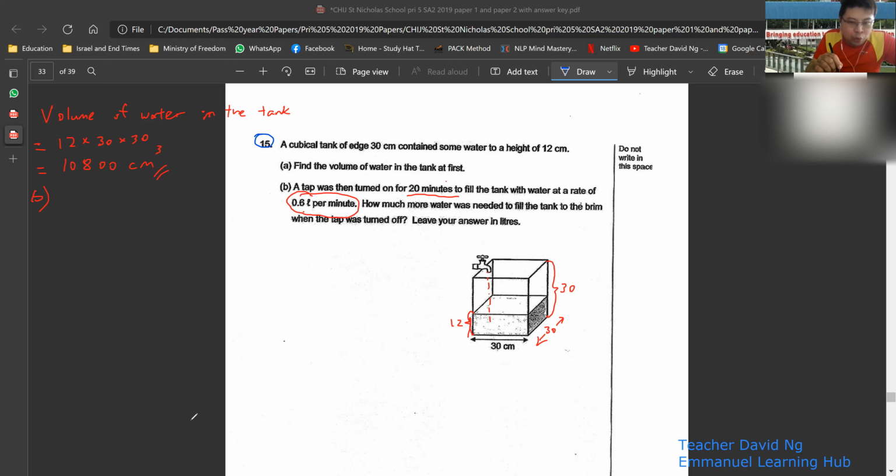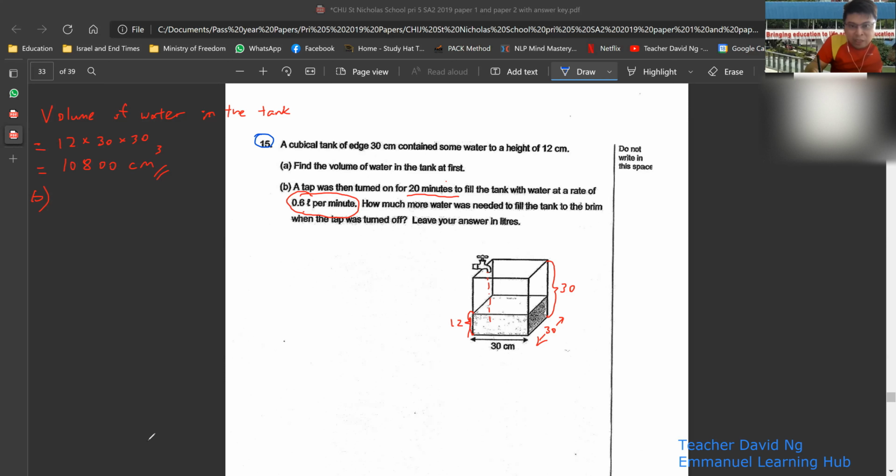So why do you think the examiner does that? Why do you think the question lets you know the time that the tap is turned on, and they also tell you the amount of water that flows out from this tap per minute?